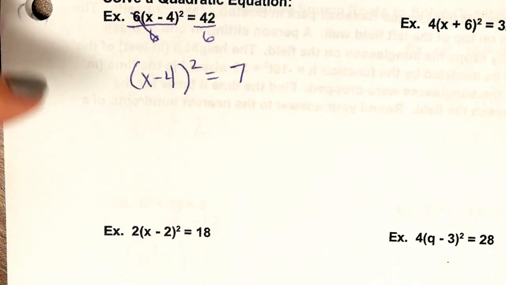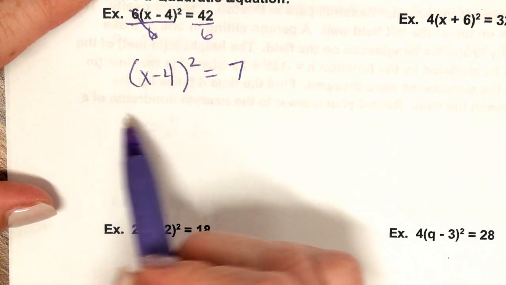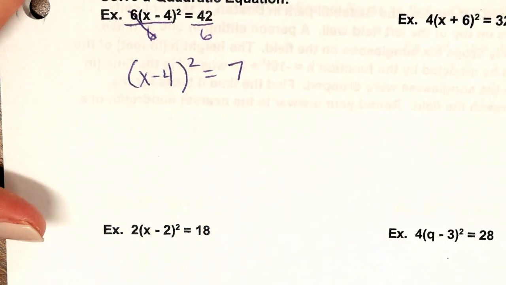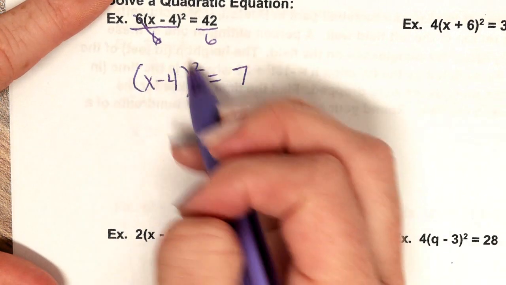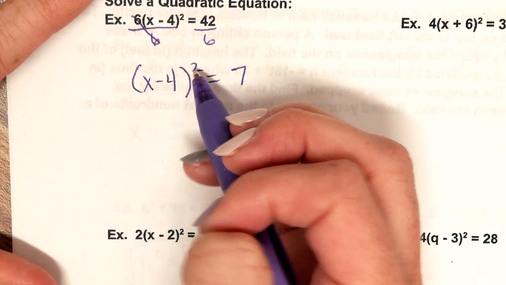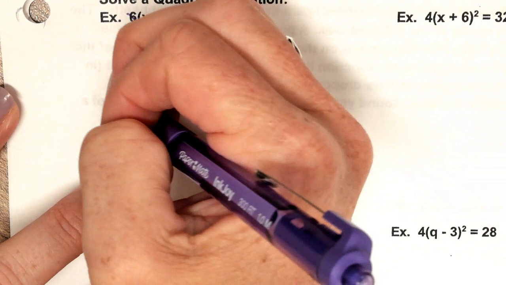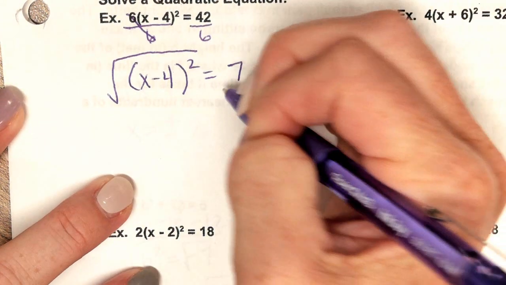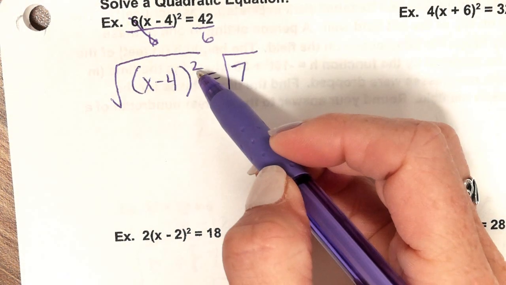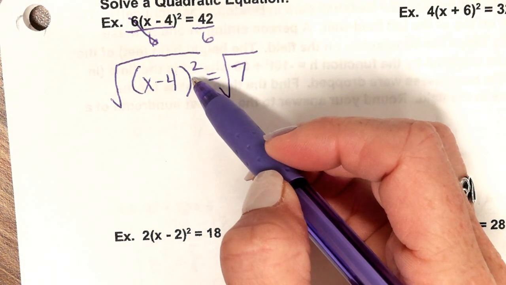Okay, now, this whole side is being squared. Do you all agree? I cannot get rid of the 4 first because this whole side is being raised to the second power. So can I counter that by saying, can I square root this whole side and square root this side? And that square root cancels out that square. Yes?